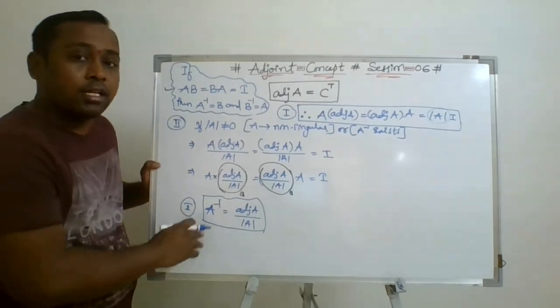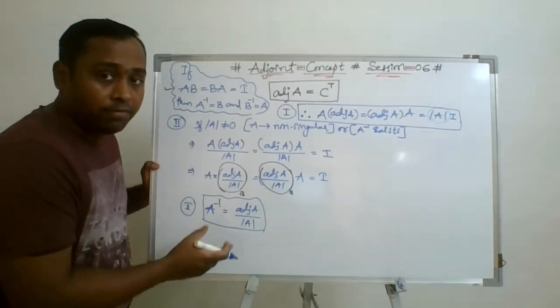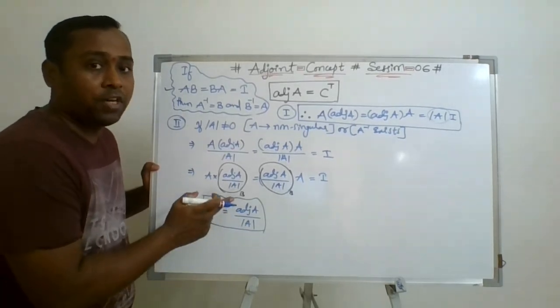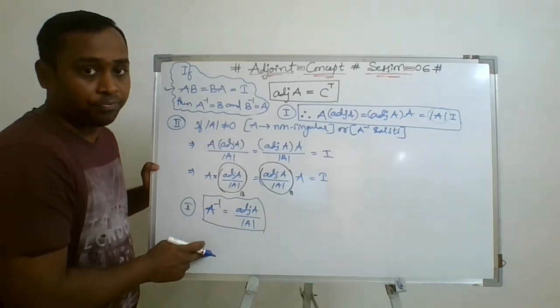So this formula gives you the way to find the inverse with the help of the adjoint matrix.